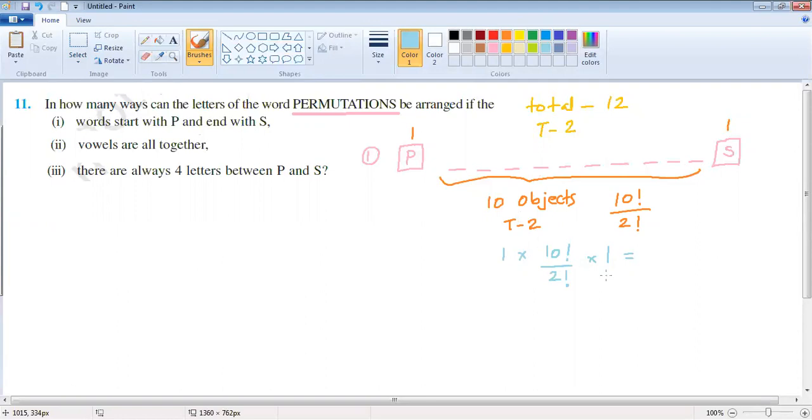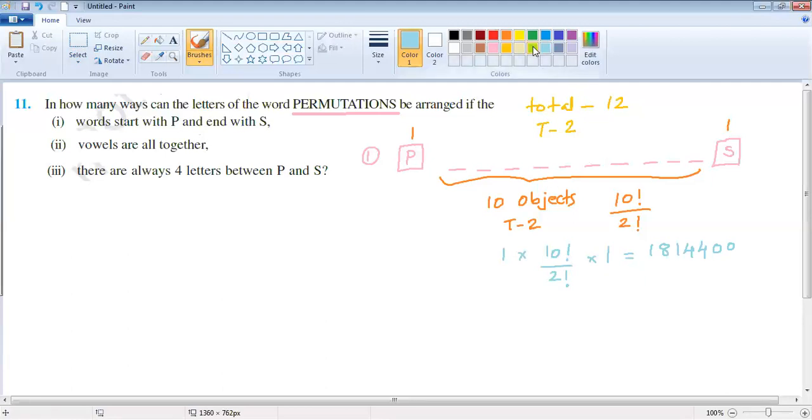When you do the calculation, you will get 1,814,400. That means 1,814,400 words are there using the letters of the word permutations that start with P and end with S.